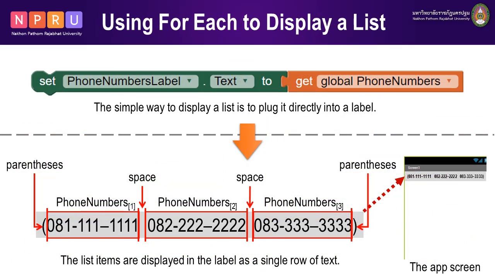When we want to display the items of the list on the phone, we can plug the list into the text property of the label, as shown in the figure on the top. When we plug a list directly into the text property of a label, the list items are displayed in the label as a single row of text, separated by spaces and contained in parentheses, as shown in the figure on the bottom.